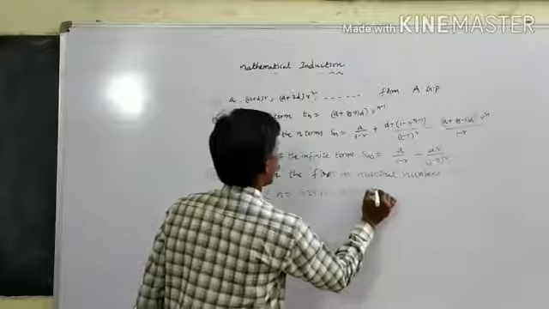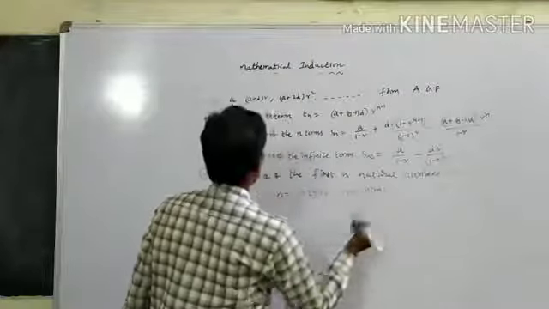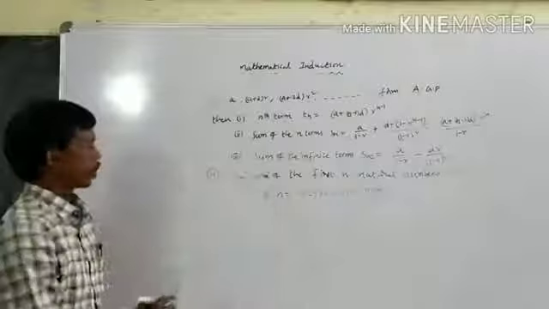Its value is n into (n plus 1) by 2. This is the sum of the first n natural numbers.